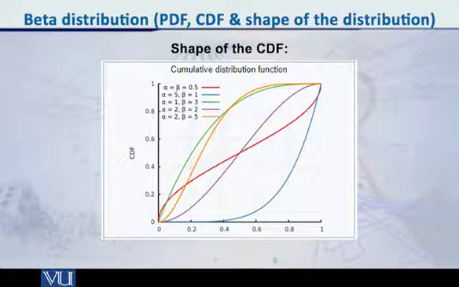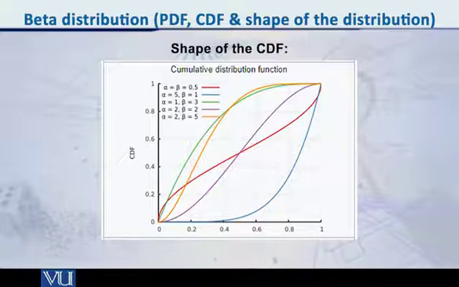the curve which goes from 0 to 1 is like an S shape, rather the reverse S shape, because it is concave downward in the beginning and concave upward in the later part.